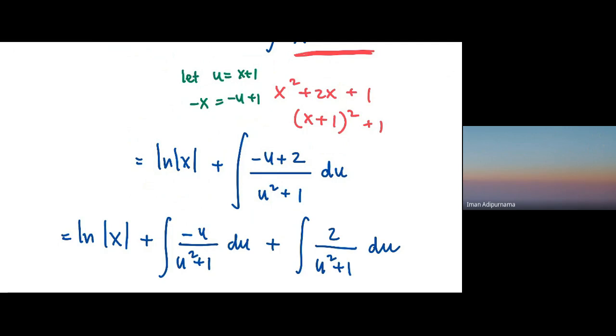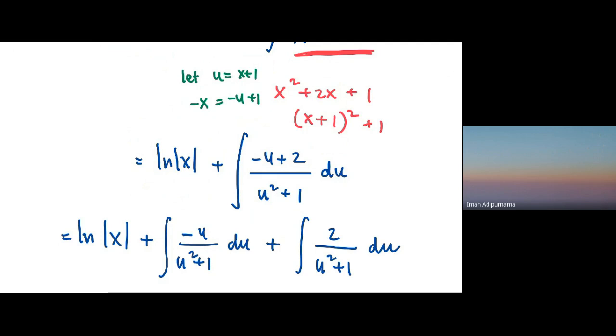The middle part, we can use just a substitution one more time. We can substitute this u squared plus 1, and then you can cancel this part, right? And this last one, we have the tangent inverse. So with some little bit tricky substitutions in here, we can solve the question.